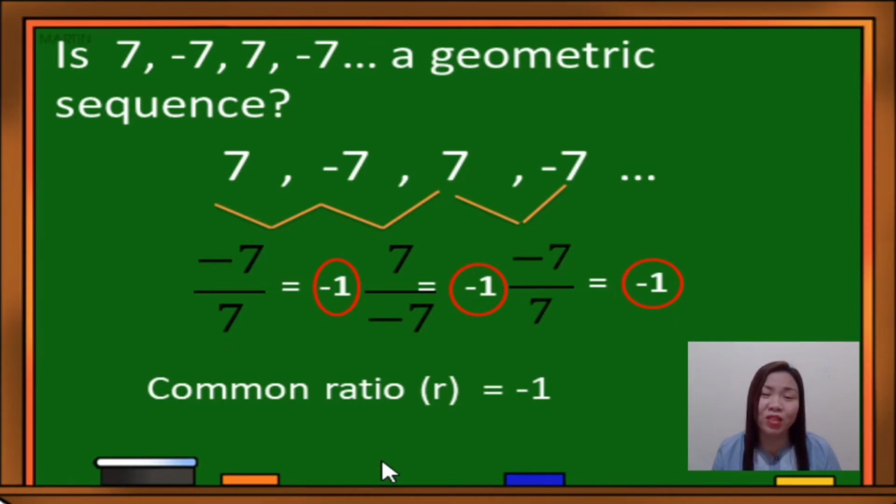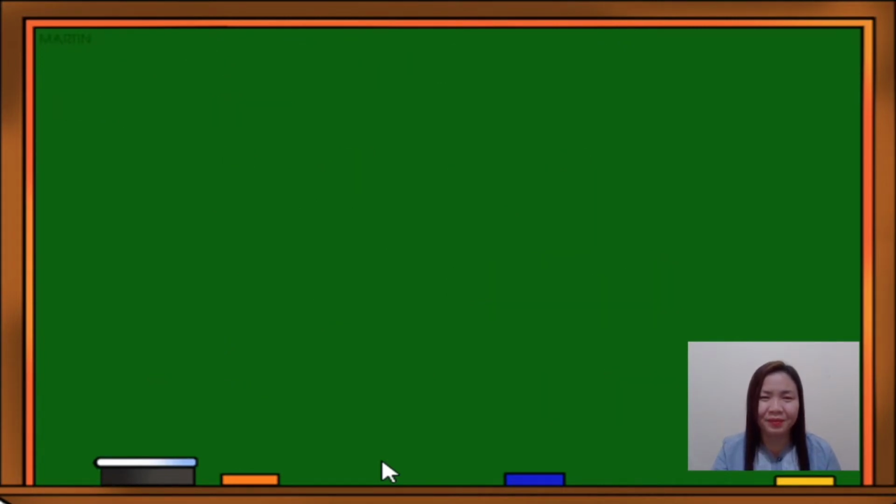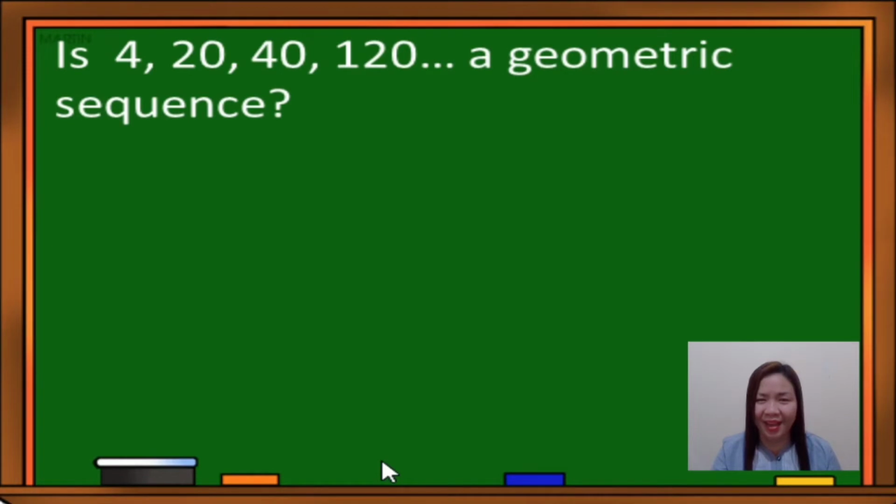Since the common ratio in that example is negative 1, we can say that 7, negative 7, 7, negative 7 is a geometric sequence. Correct. Okay, another one: is 4, 20, 40, 120 a geometric sequence?